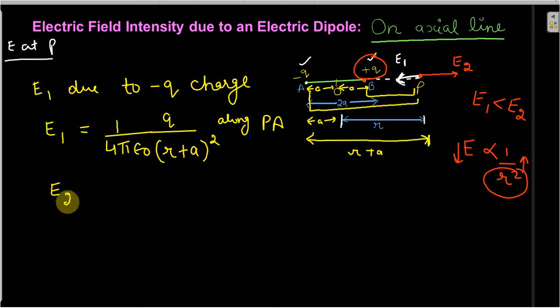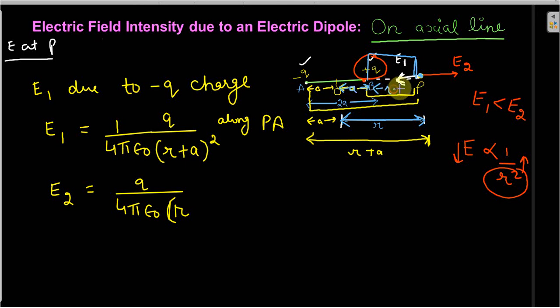Similarly we will write for E2. So what is E2? Q by 4 pi epsilon naught, and now we will see the distance. The distance of point P from your positive Q charge. What is that distance? This total is your R. If you subtract this portion, R minus A, you will get this distance.